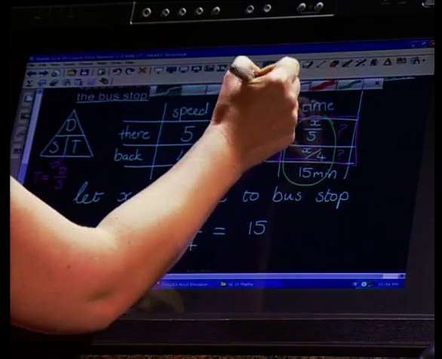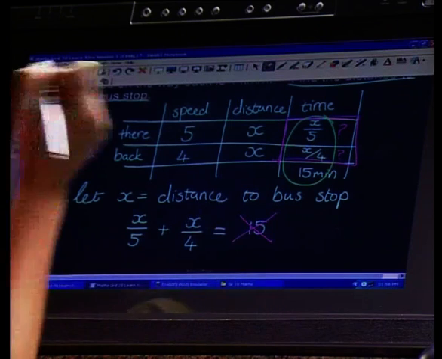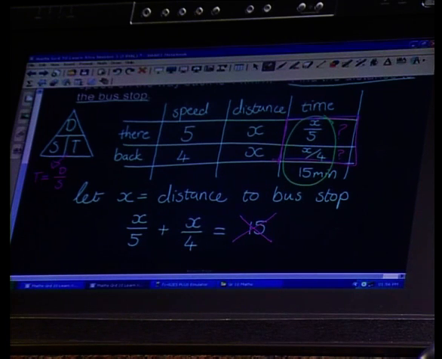But wait, there's a problem. Why can't we have it in 15 minutes? The reason we can't do 15 minutes is because the other measurements were in kilometers per hour. And whatever measurement we have from the beginning, we need to stick with all the way through to the end. What's nice though is that 15 minutes fits really nicely into a fraction of an hour.